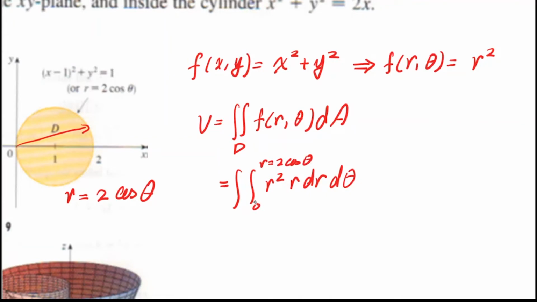And theta will vary. Now we have to be careful. Do we want to put 0 to 2 pi? I'll just write it and let you guys decide whether this is advisable or not. If you remember anything from chapter 10 last year, you should know the answer to this.